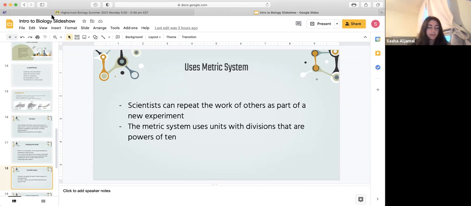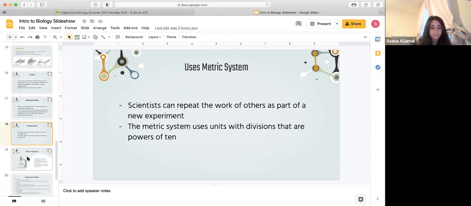It just won't work out because you'll be getting different amounts of data. But if you're not using the metric system in your classroom, that's a different case, because then you're comparing it to other people who don't use the metric system. So it's all about the comparison.